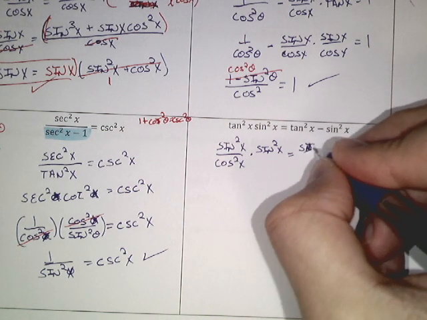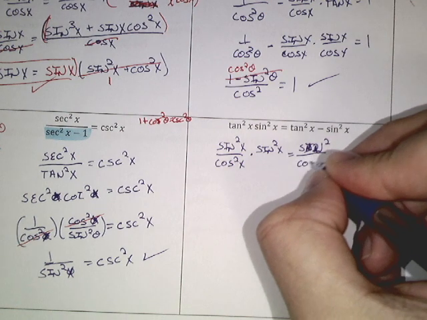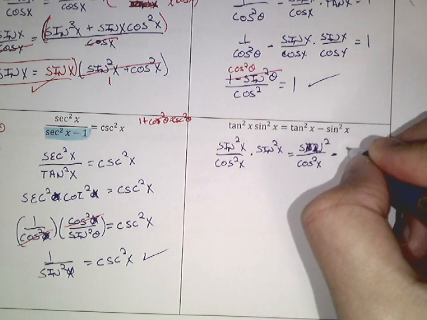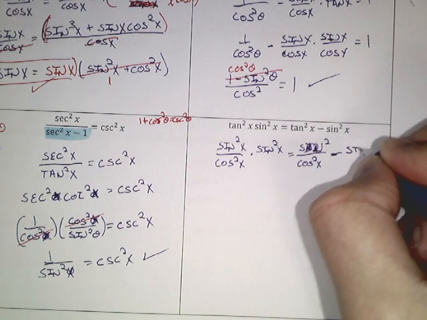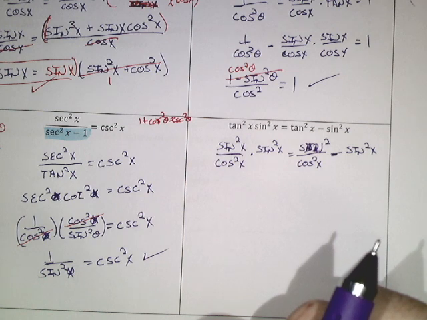sine squared over cosine squared minus sine squared x. Okay.